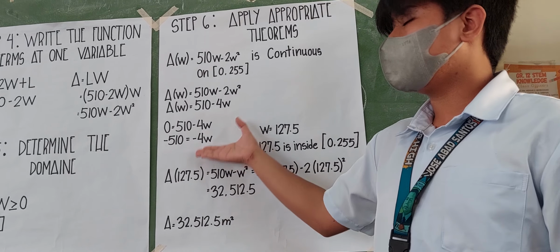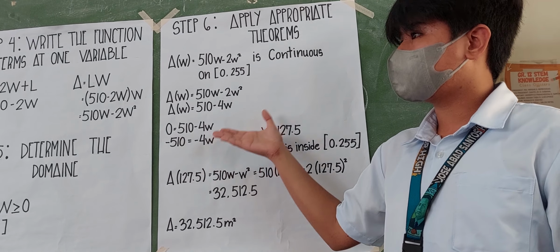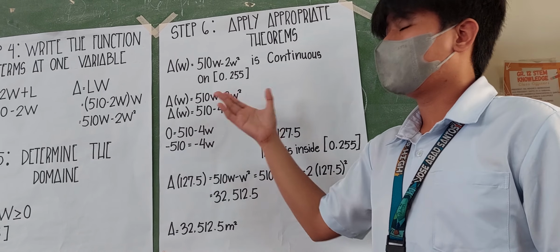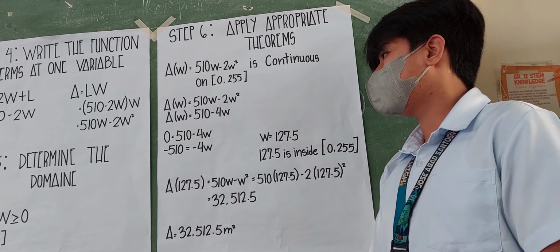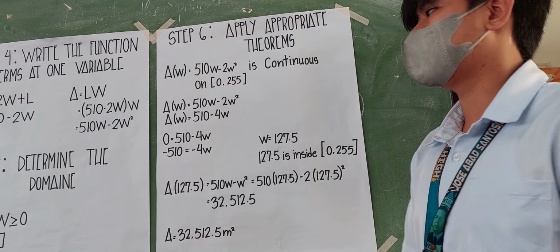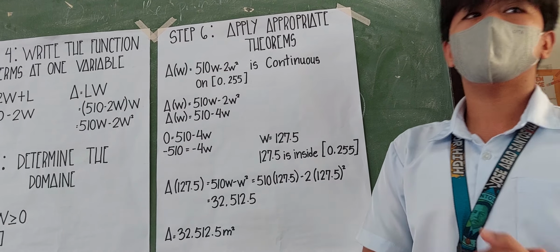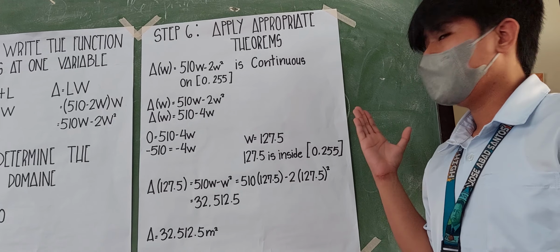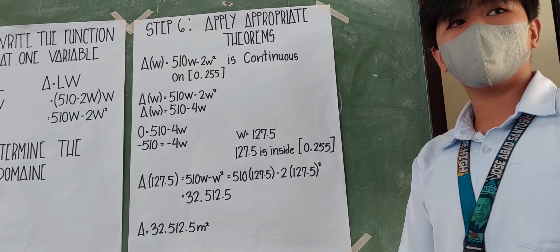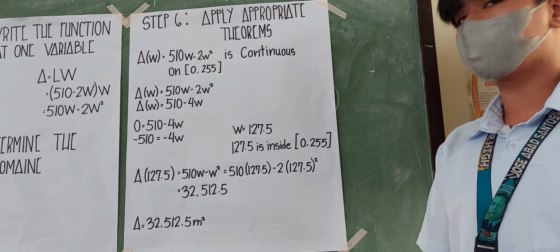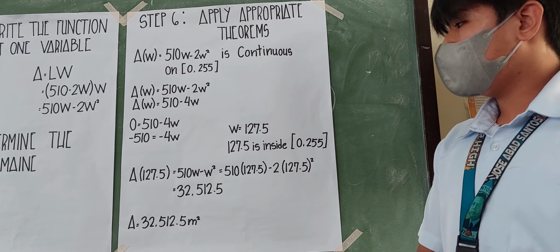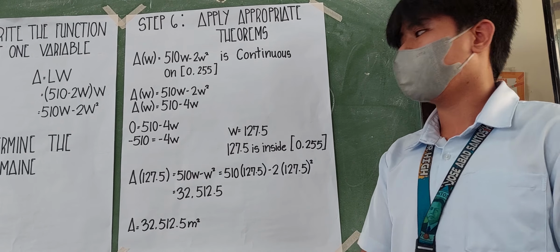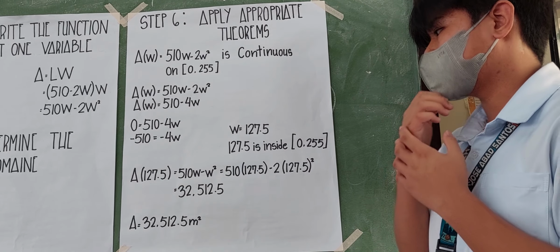Dividing by 4 on both sides, we will have 510 over 4 or simply 127.5. And since 127.5 is in the interval, W is greater than or equal to 0 and less than or equal to 255, we can now say that 127.5 is our maximum for this function.